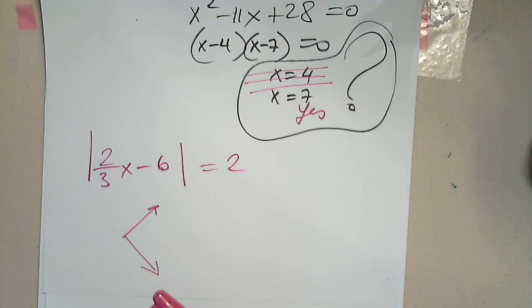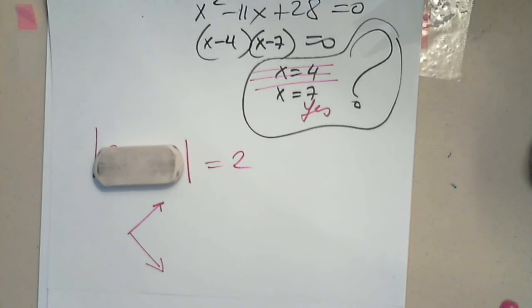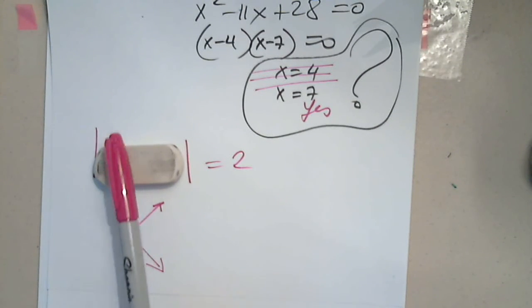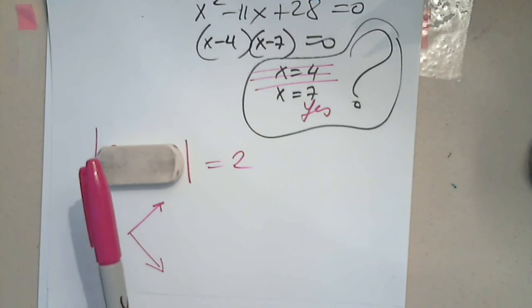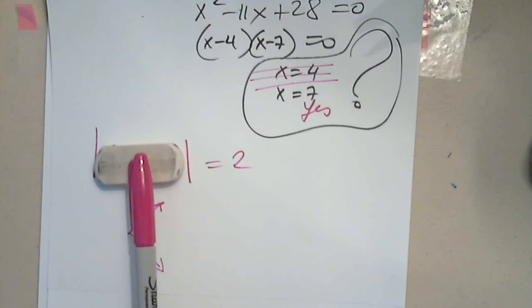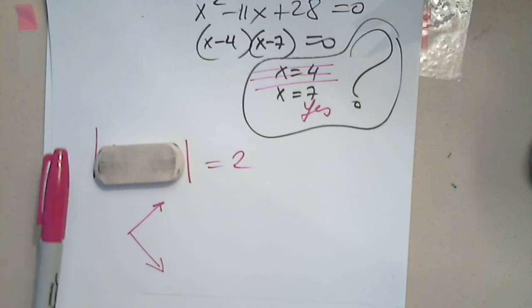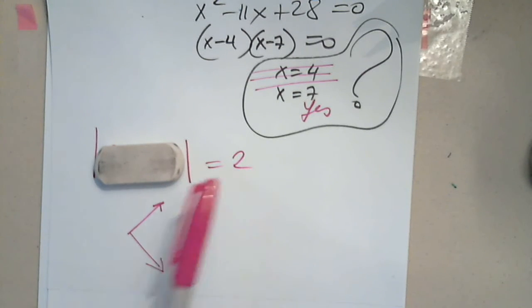What are the options? The options are this. This quantity could be 2, because the absolute value of 2 is 2. But also this quantity could be -2.